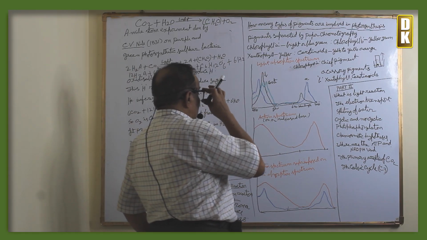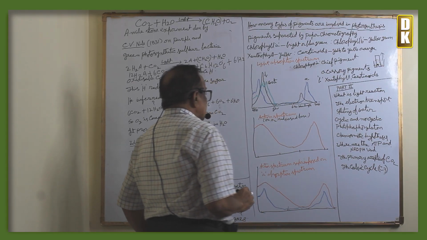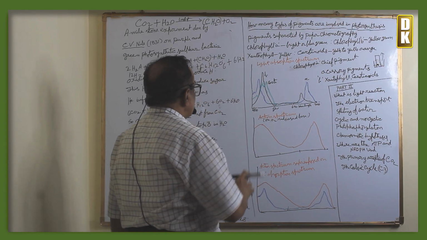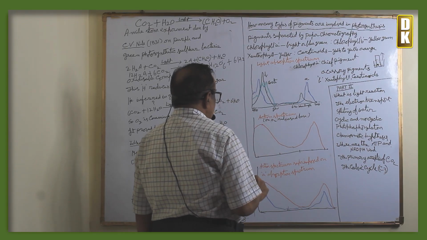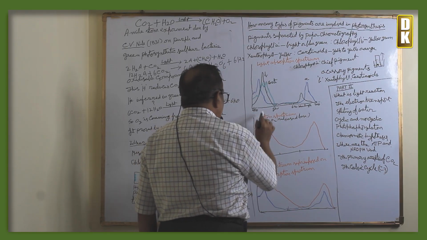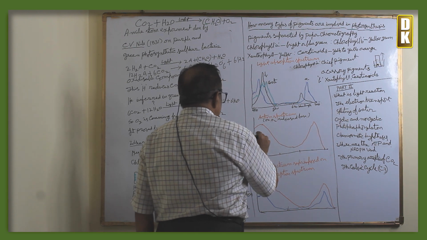And next, whenever we are seeing the action spectrum, action spectrum means the output. What came out? Here, this is 400, 500, like this. It's in the textbook also.